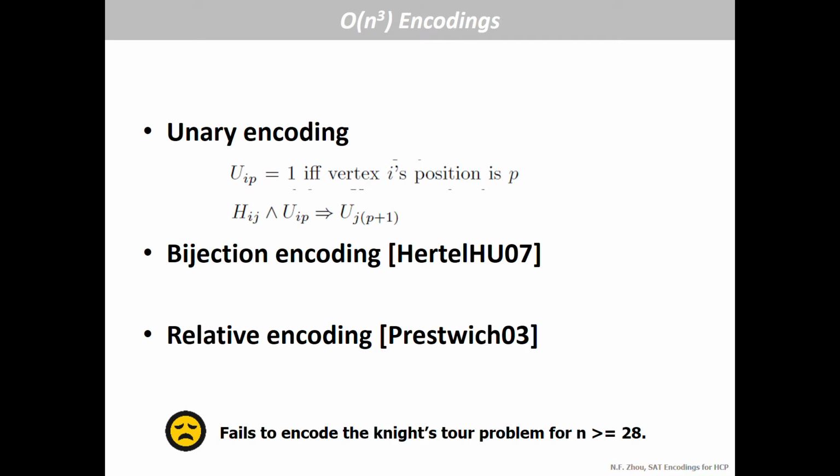There are several n-cube encodings which deal with position variables in different ways. However, these encodings suffer from code explosion problems, and they are unable to encode the Neng-Fa problem for large sizes.